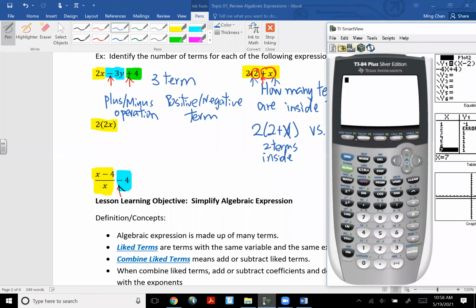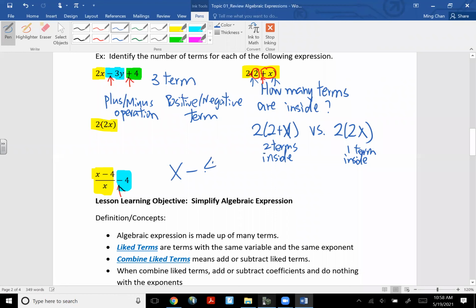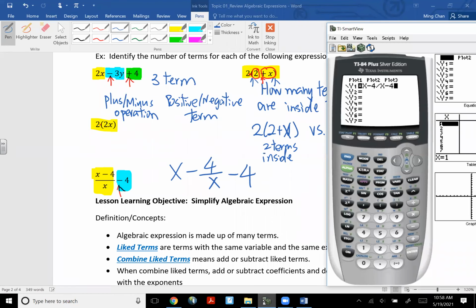If you simply type in x minus 4 divided by x minus 4, the calculator can't read this the way we mean it. It reads this as x minus 4 divided by x, minus 4, literally. So this is not the same as what the problem says.